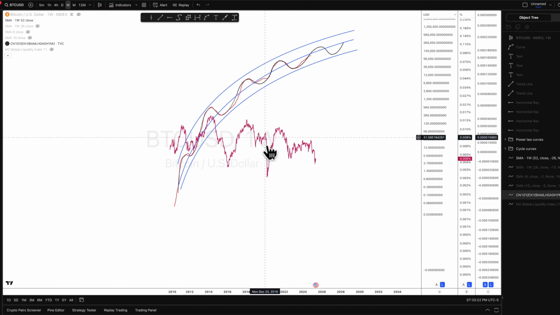That's kind of what this tells me: do we have an abundance or a scarcity of US dollars, which may affect and warp the Bitcoin cycle.